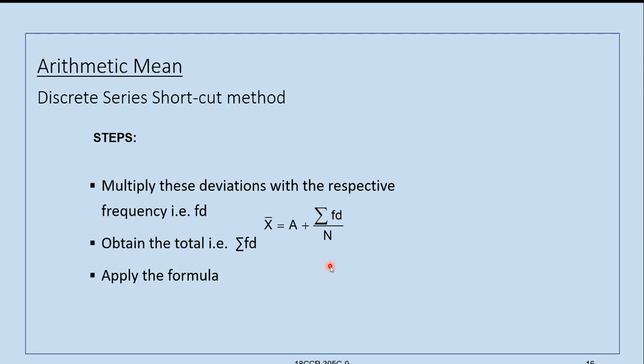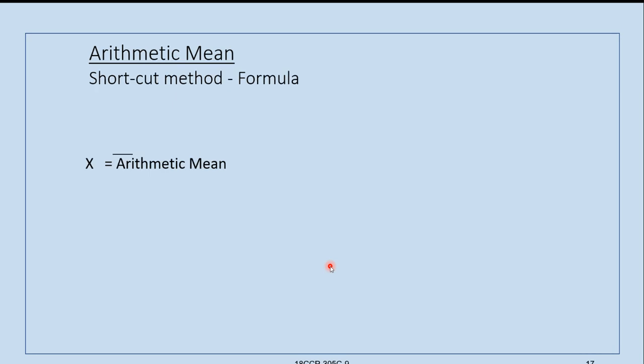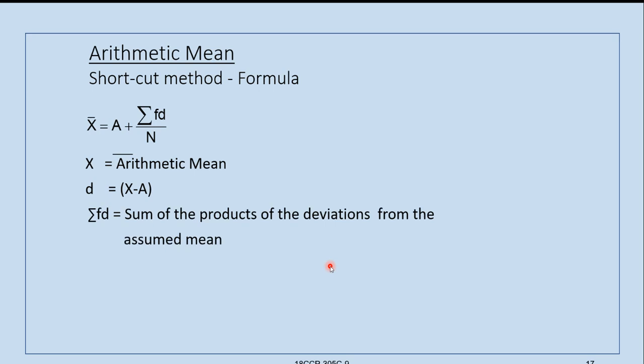Now we'll see one example so that we can understand. Here the bar is on the x. That is x bar is equal to arithmetic mean.